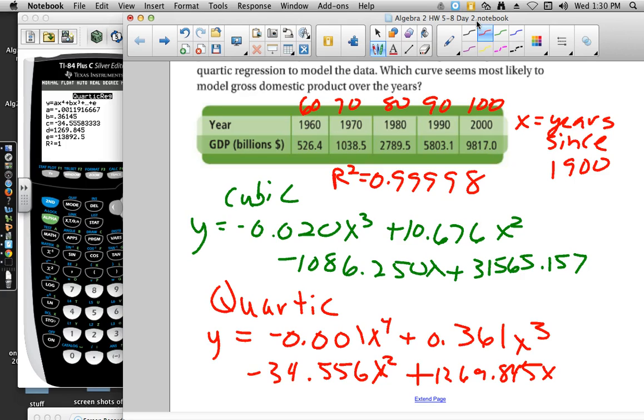And then we have minus 13892.5. So those would be the two models, the cubic and the quartic.